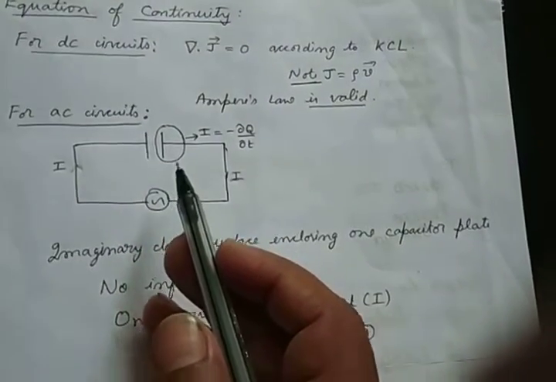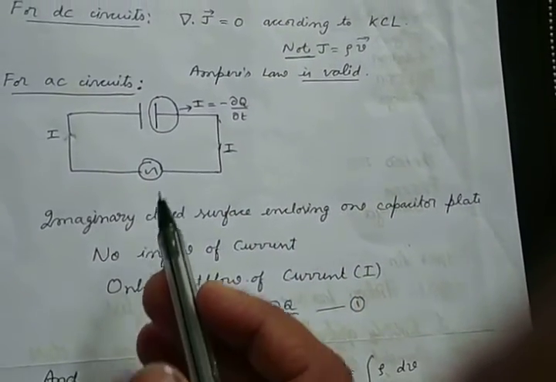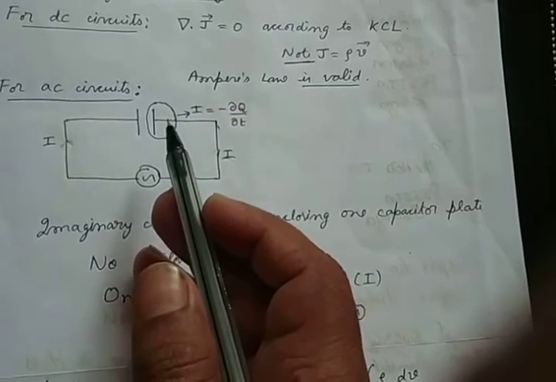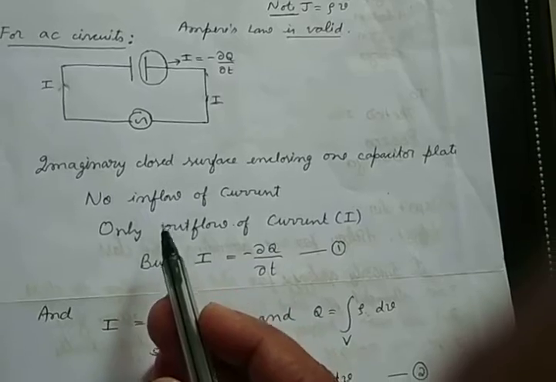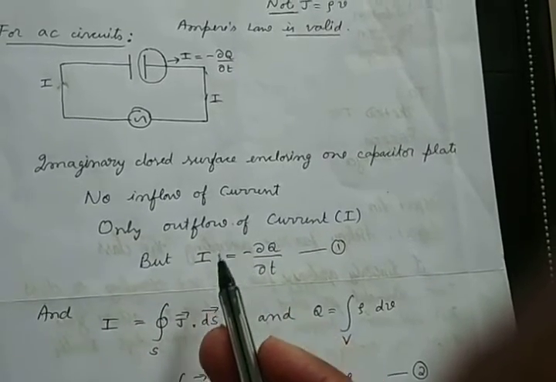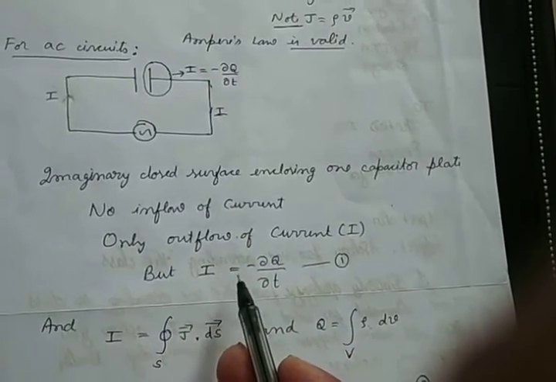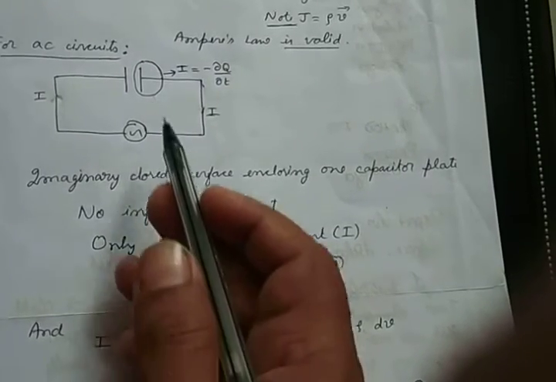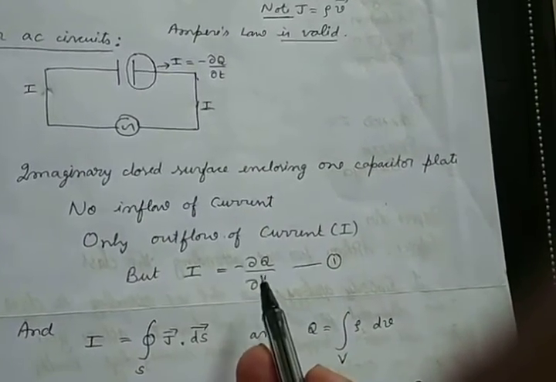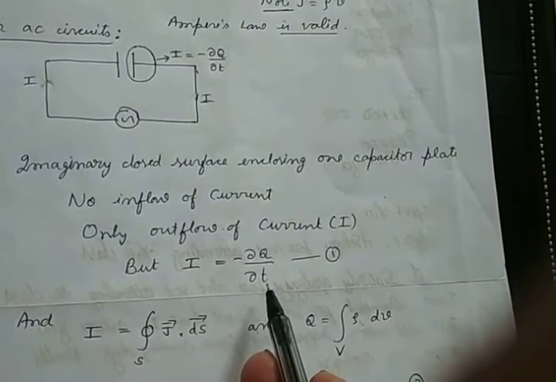There is a flow of current going outside, so there is no inflow of current, there is outflow of current. Therefore I can write the current I as the negative rate of change of the charge stored on that plate, so minus dQ by dt.